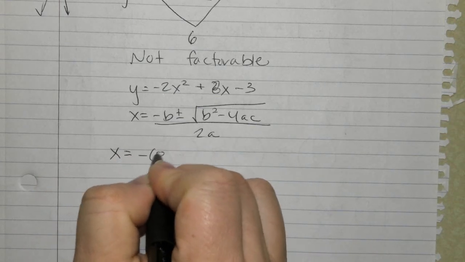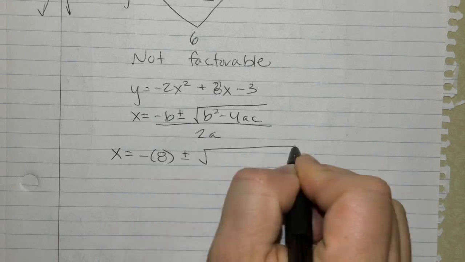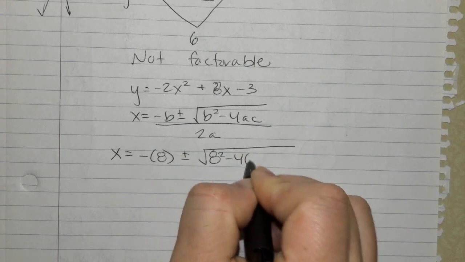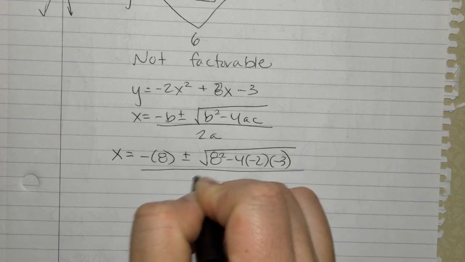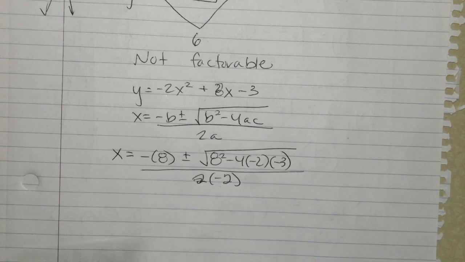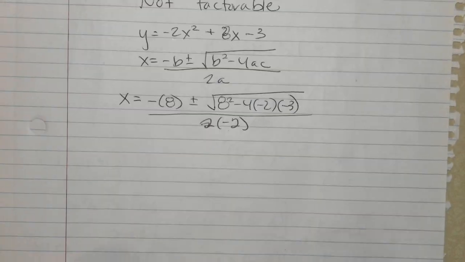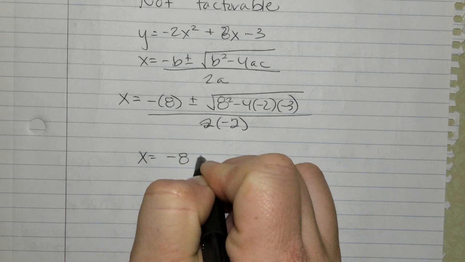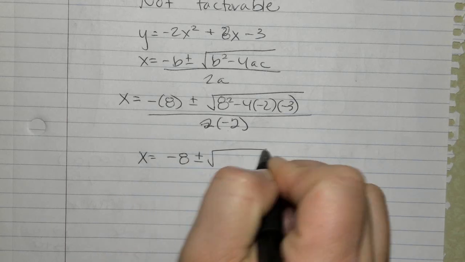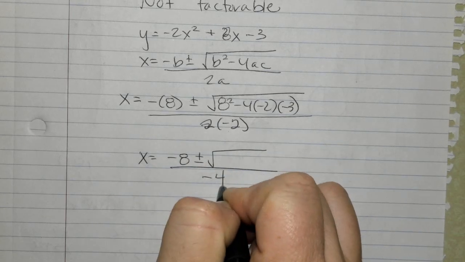So this is -8 plus or minus the square root of 8 squared minus 4AC, all over 2A.